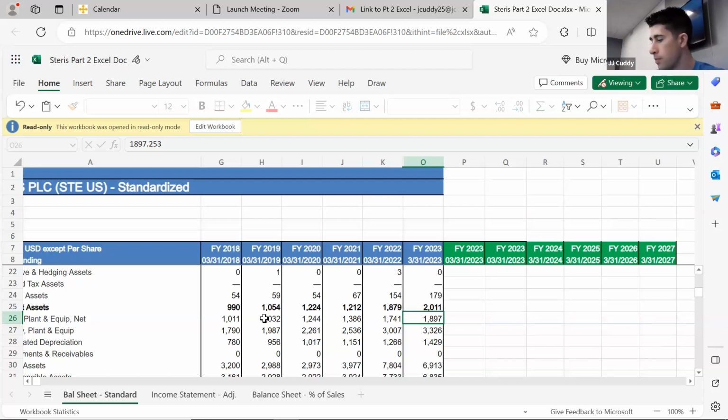Part of the reason I asked you all to go out and find current news on Steris, and mind you, I purposely don't do a lot of research on the company yet. I wait till right before the final deliverable is due so that I don't influence you. But part of why you're looking at those news stories is maybe there's some information about potential targets that Steris might buy in the next year or two.